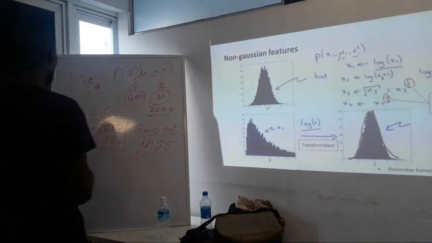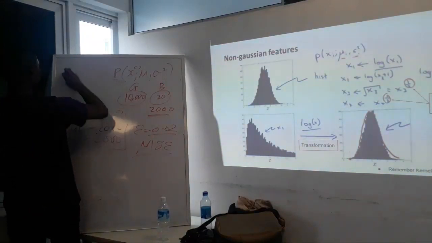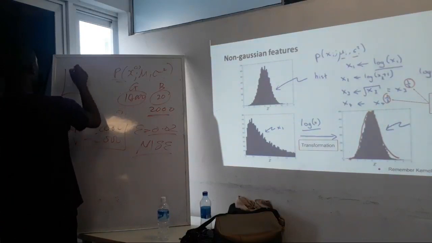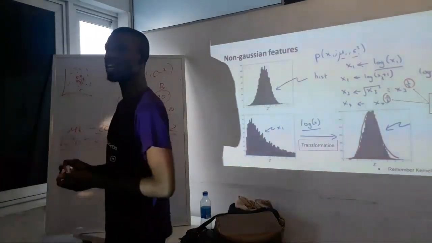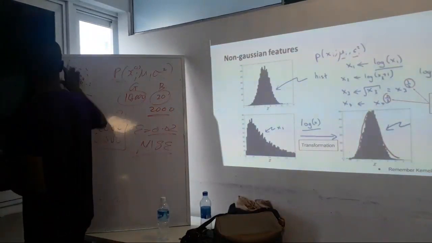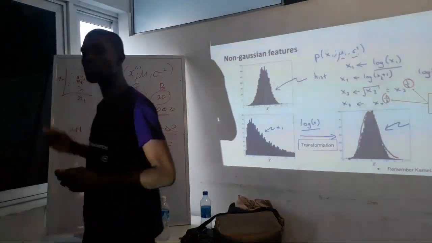Let's say you have something like this, and you have this guy. How are you going to separate this guy? And this is your x, y. But let's say this is your x2, x1. How are you going to separate this guy?